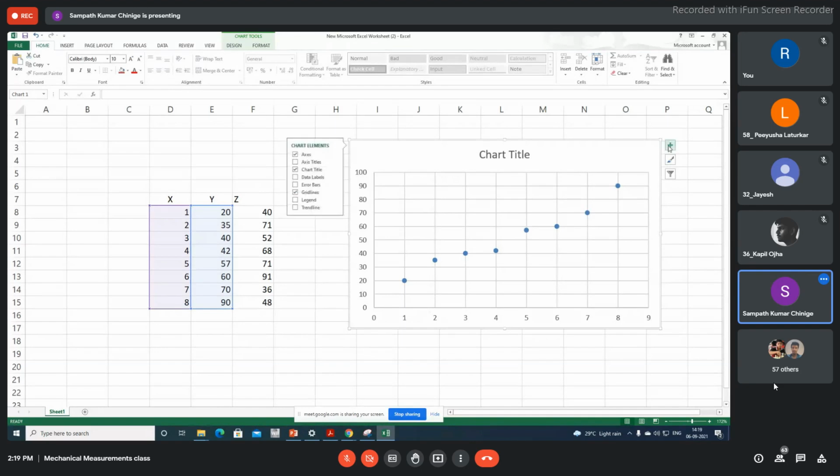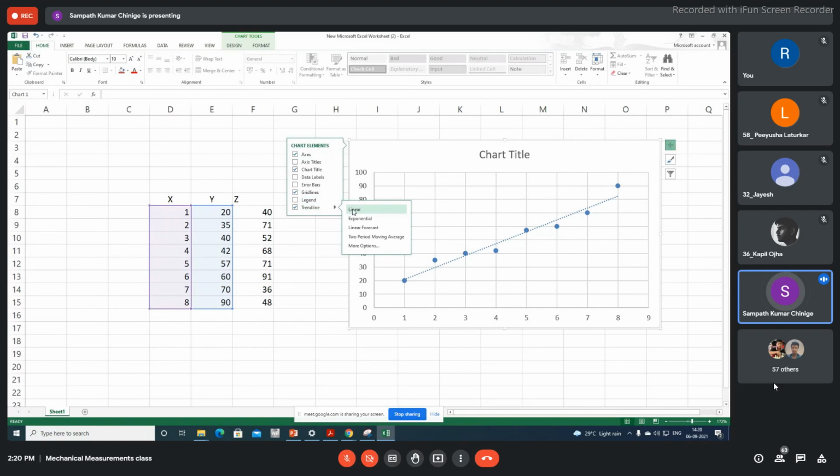When I plot like that, the legend will help us determine whether the series is y or is related to z. And then the important thing is your trend line. You can see here, you got a trend line. When you put this trend line, you have so many options, right?